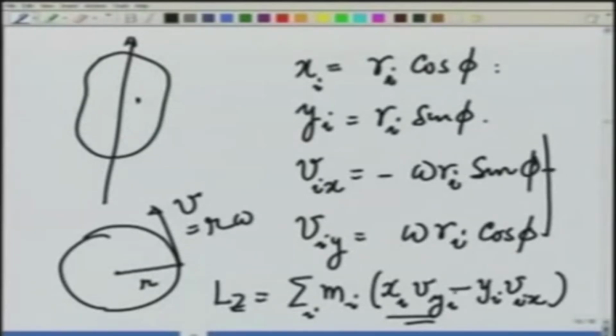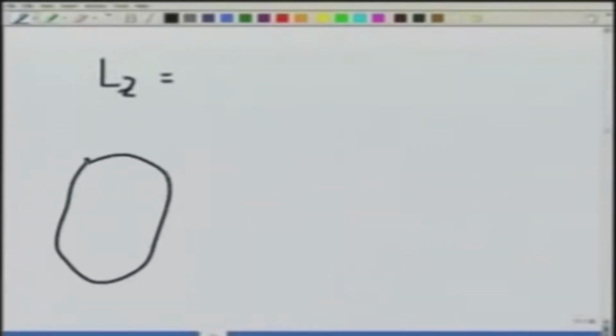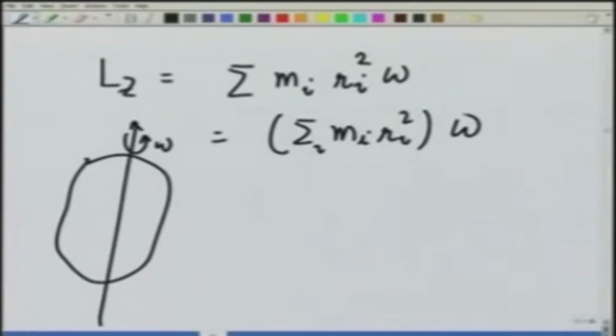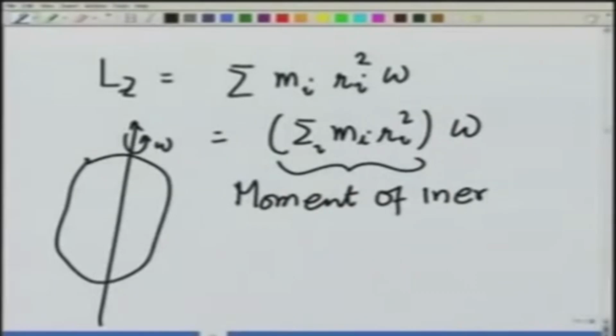So, minus minus will compensate, and therefore I get Lz for this body which is rotating about the z axis with omega as the summation of m_i r_i squared times omega, which I can write as the summation inside, m_i r_i squared, times omega, and this we call the moment of inertia about the z axis. So, let me call this I_z omega.